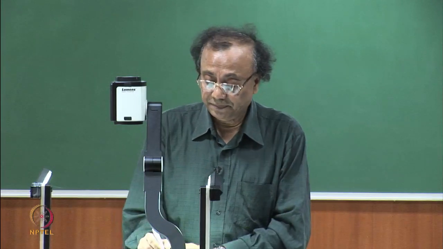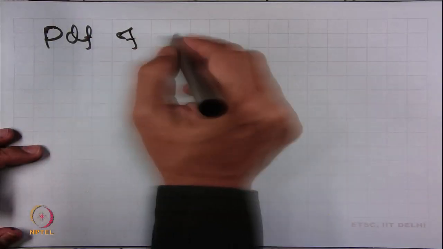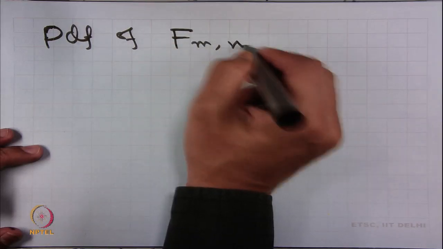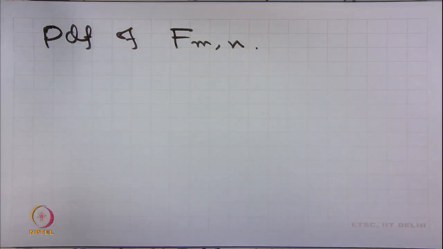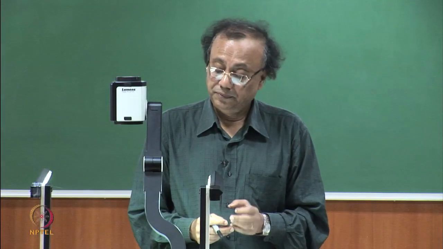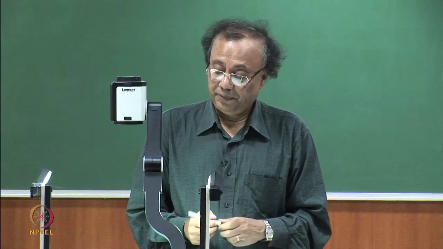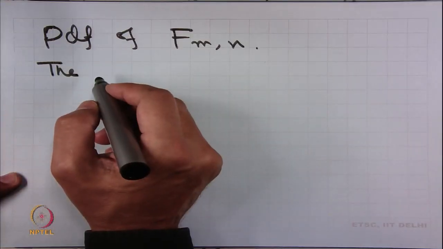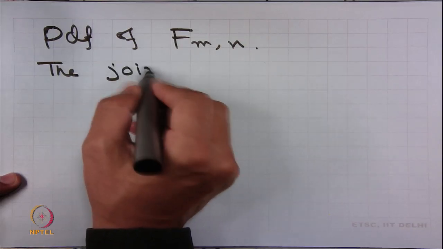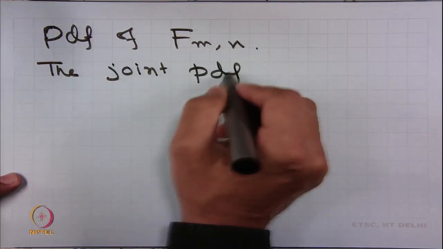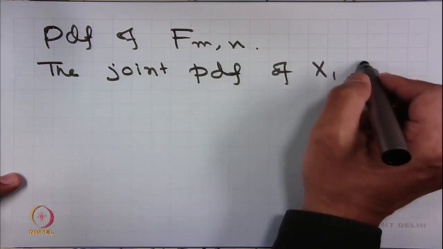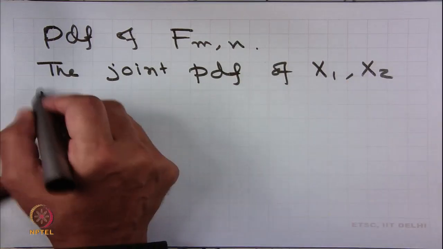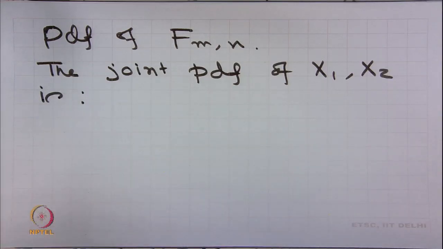So, what is the PDF? As before, we appeal to the previous theorem. x1 and x2 are independent chi-square with n1 and n2 degrees of freedom.